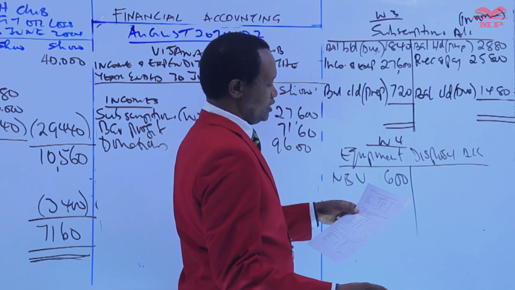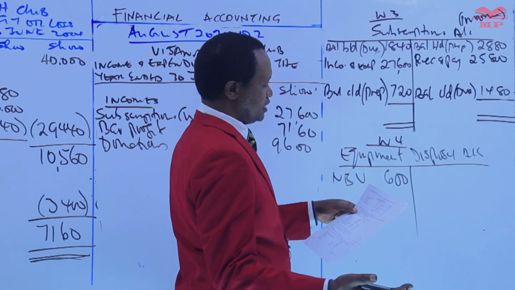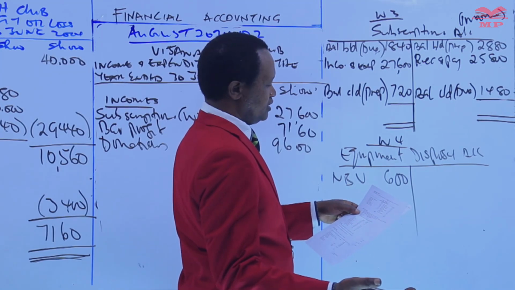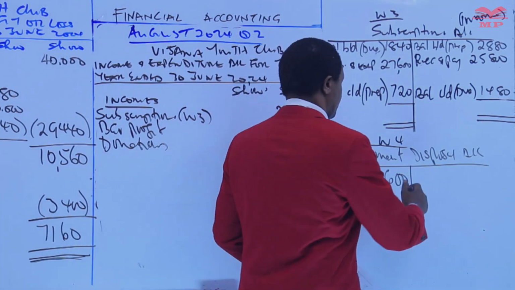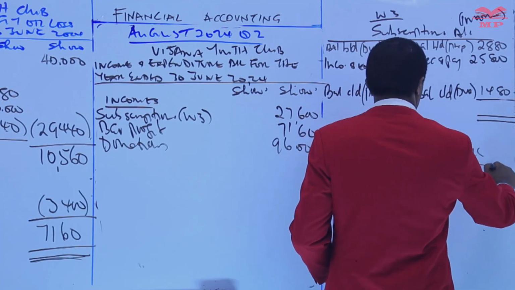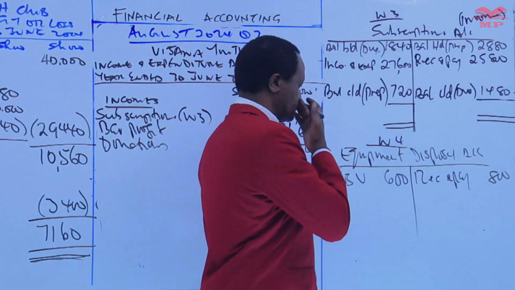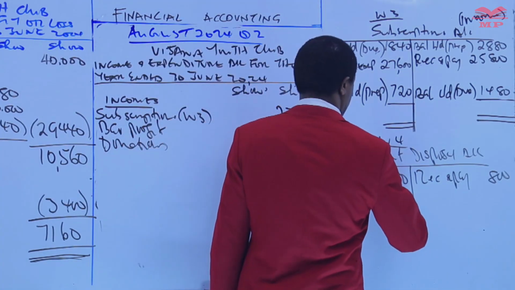Then when the disposal was made, the receipts account was debited. Can you see the sale of equipment in receipts and payment? That 800 was debited in the disposal. Then this account has to be credited with receipts and payment 800. So there is a balance of 200.